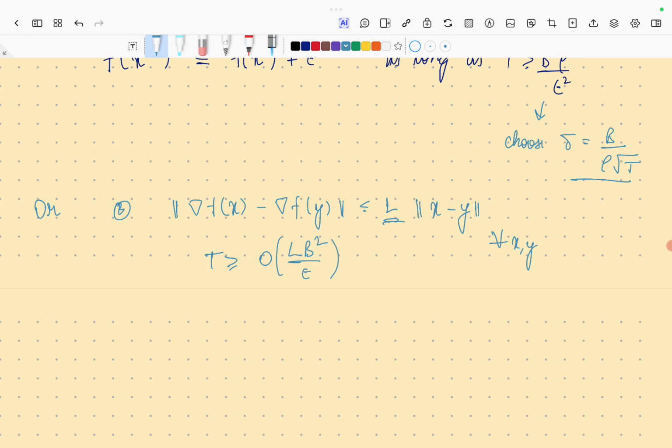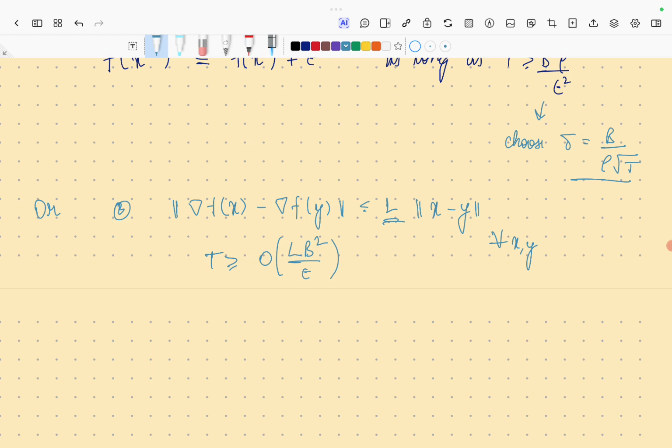So it's still quadratic in b, but now it's only linear in 1 over epsilon. So the dependence on epsilon is now improved just by this assumption. It's exactly the same algorithm. It's just that the assumptions that you made changed. For a different class of functions, you have a different bound on the running time.